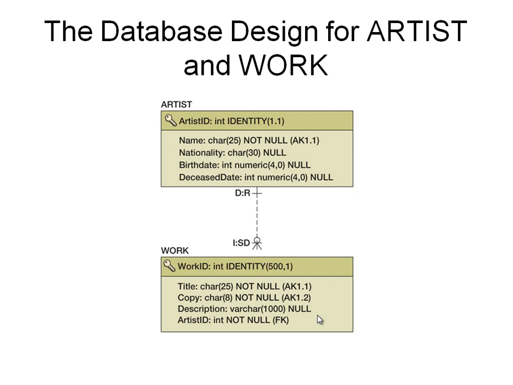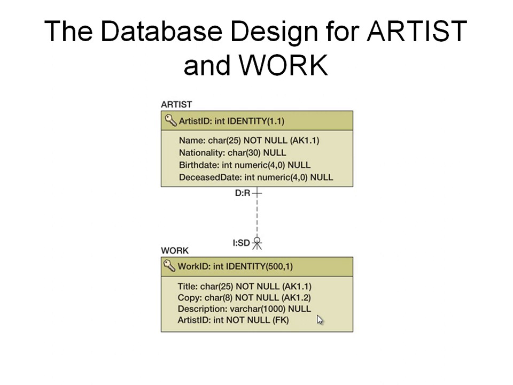The nationality is a character of 30 and can be null. The birth date is a numeric integer of 4 digits, null. The deceased date is also a numeric of 4 digits, null.